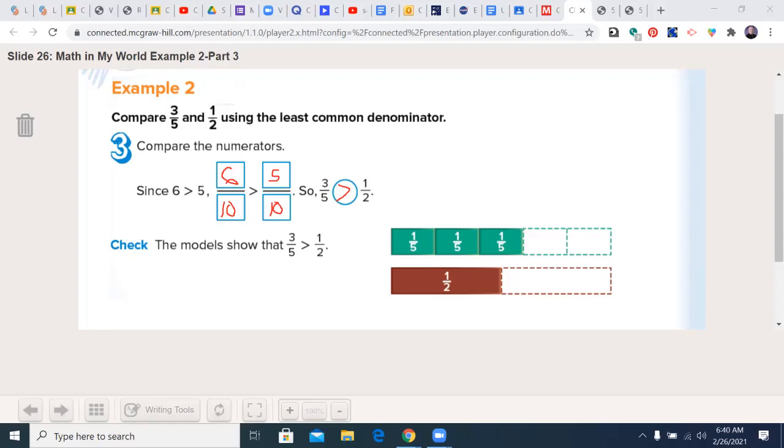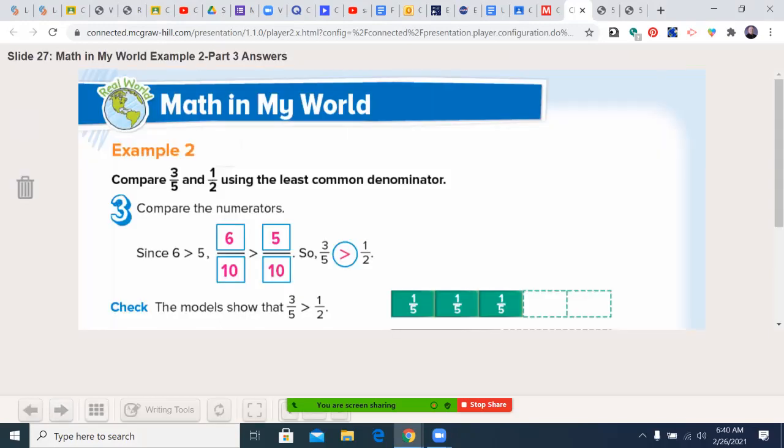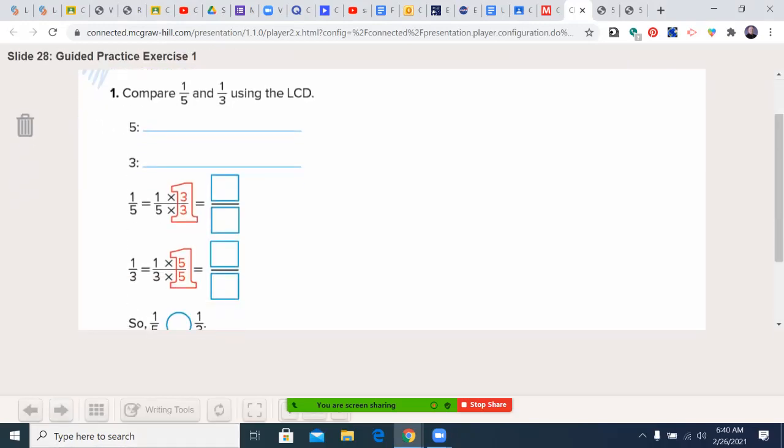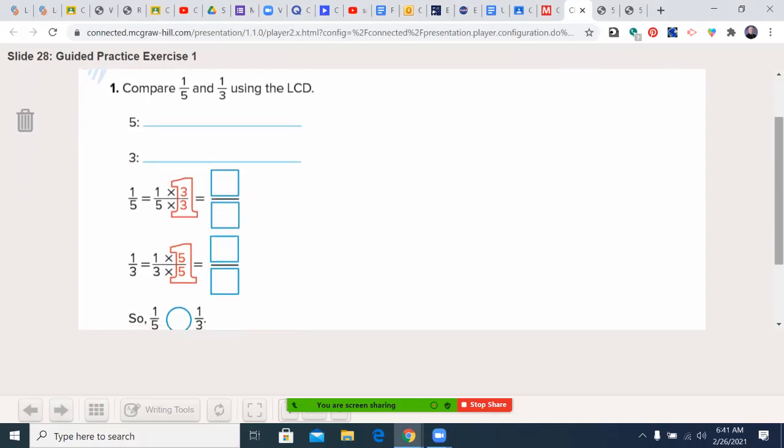All right, I'm going to go ahead and clear the screen. And the next one is going to be one I want you to try. It has all of these tools here. And we will go over it momentarily.